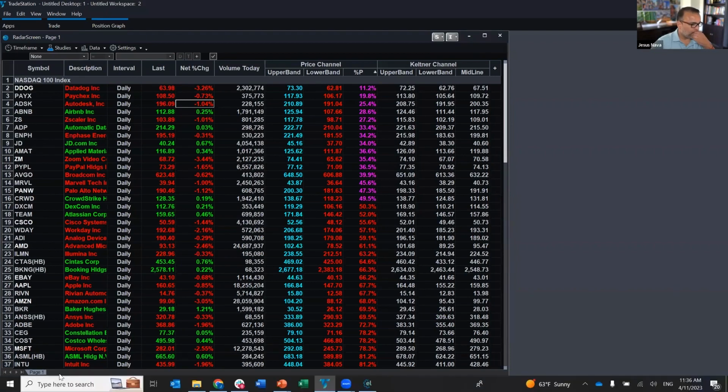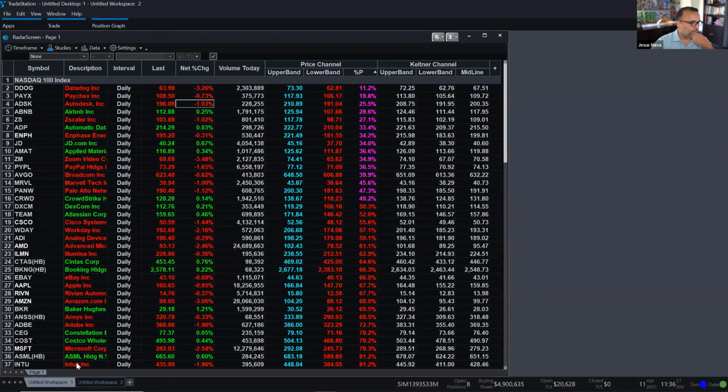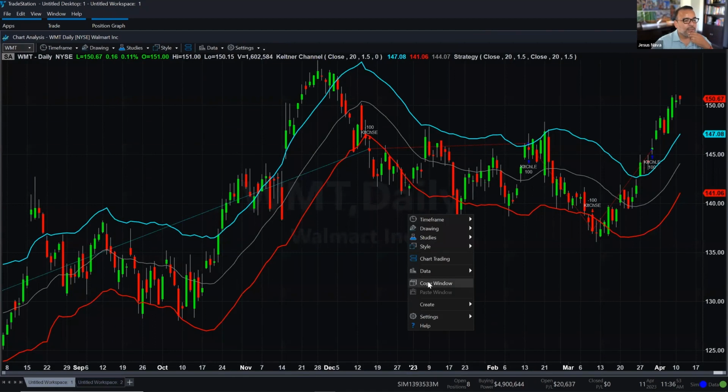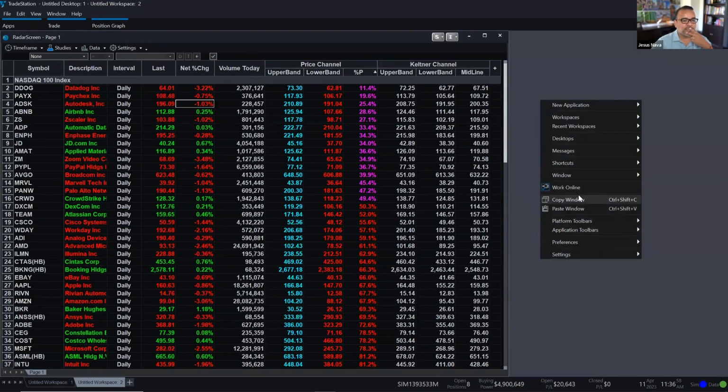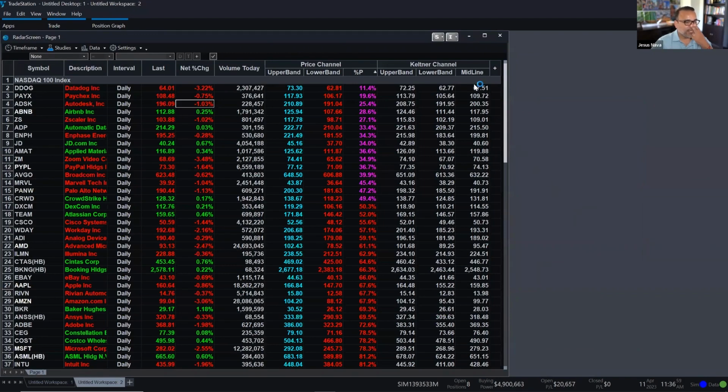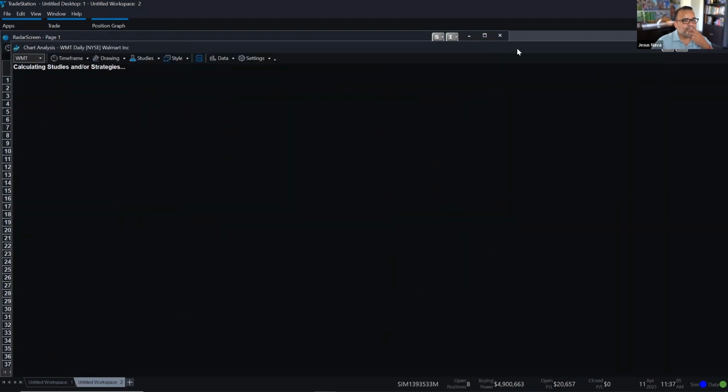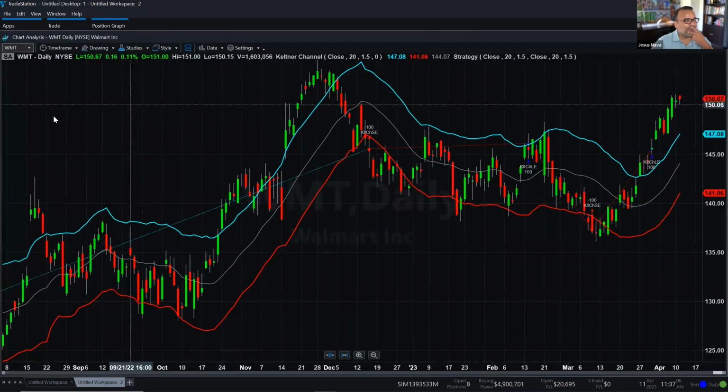I'm going to copy it from my other workspace. I'm going to right-click, copy window, then come to my other workspace, right-click, paste window, so the indicator is in it. Now, the indicator that's in it is the Keltner channel, which is not really what I wanted. I wanted the price channel, which is the one that's color-coded.